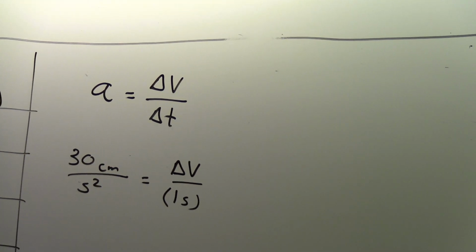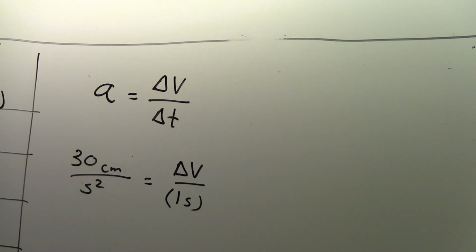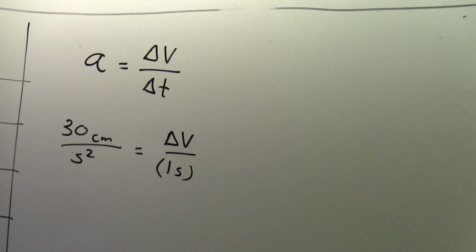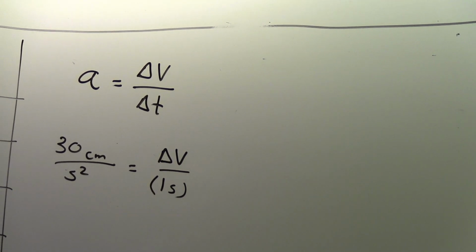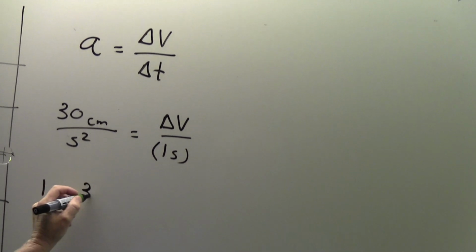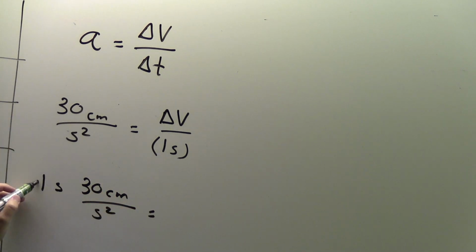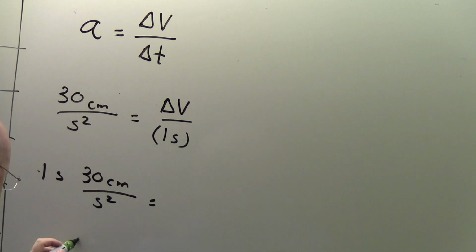This is saying, what is my change in speed from this moment, 3 seconds, to this moment, which is 4 seconds. And so that's one of a couple things I wanted you to see, that there's a little subtlety there. This is 1 second. It's not 3 seconds. It's not 4 seconds. It is the change in time between those two. So 1 second. Now if I bring this to the other side, nothing real complicated other than watch your units again. Because 1 times 30 is just 30.